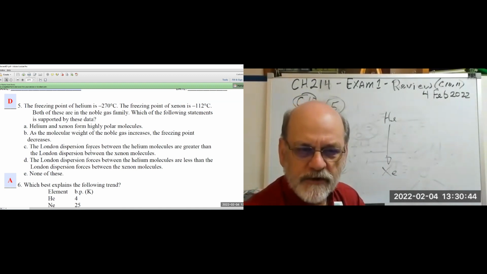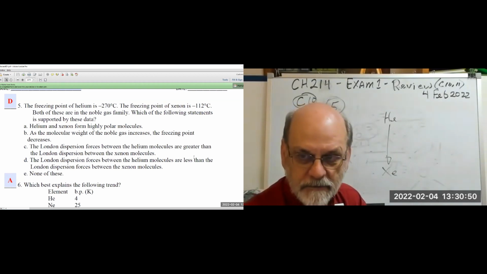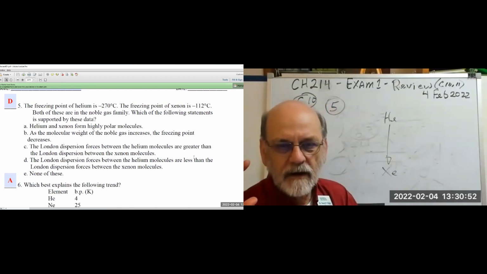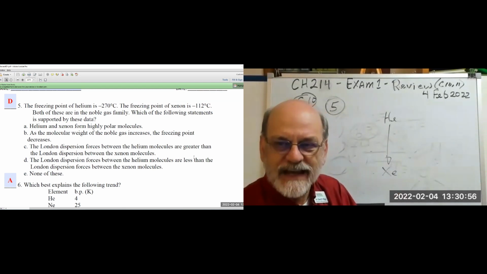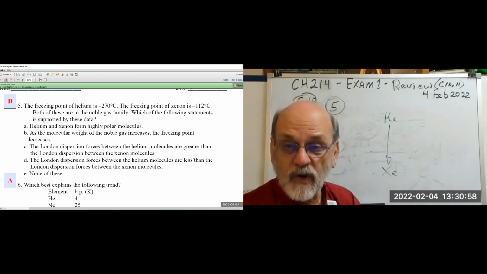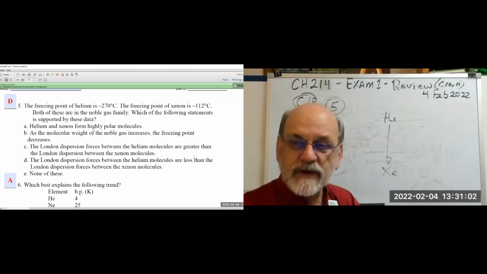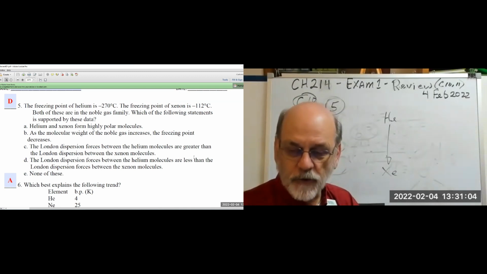The London dispersion forces between the helium molecules are greater than the London dispersion between the xenon molecules. Okay, think about this. As the force of attraction increases, what happens to the boiling point, the freezing point? The freezing point has to increase as the force of attraction increases.